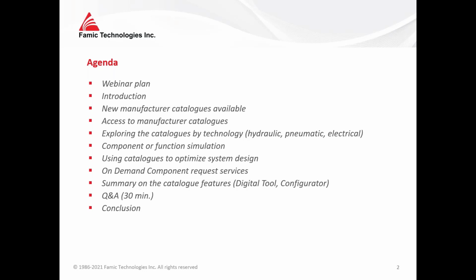We started in 2005, already more than 15 years of development that FAMIC has done in configurators, builders, so digital tools as we call them today. And on this journey, we are now in 2021, and we have more than 50 or 55 catalogs achieved and completed by our team.